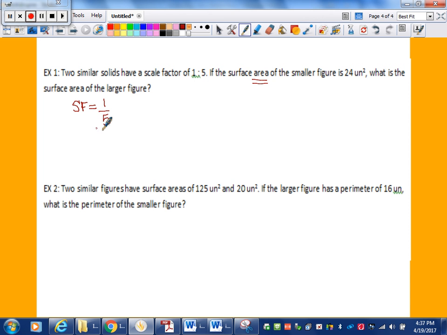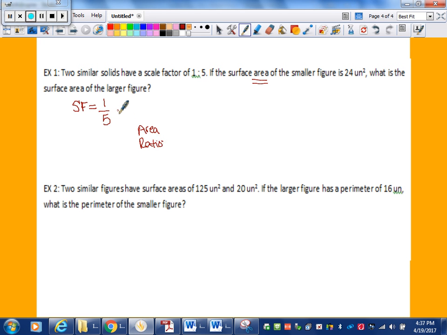I can't use my scale factor in my proportion here because scale factor only deals with sides and length of sides. It does not deal with area. So I need to convert this into my area ratio.